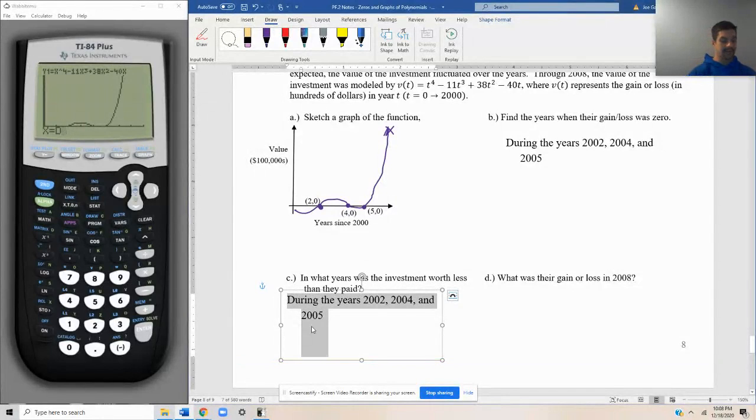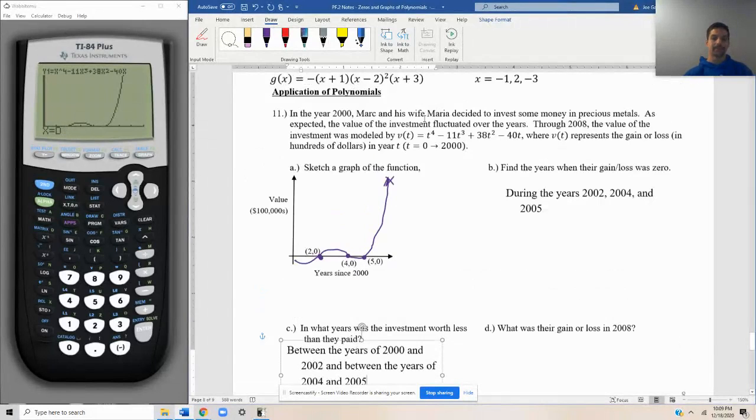So we can say that between the years of 2000 and 2002, and between the years 2004 and 2005, the value was worth less than what they paid.